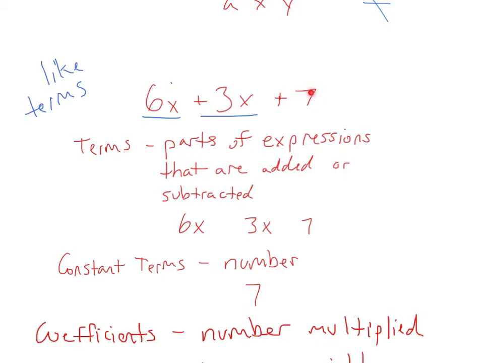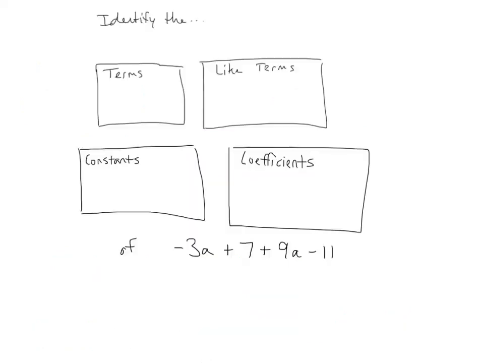Now the 7, what about him? Does he have a like term? Otherwise known as, is there another number out there that exists that does not have an x next to it? Not in this expression. So he is a constant term, but he doesn't have a like term, or he isn't a like term to anybody else.